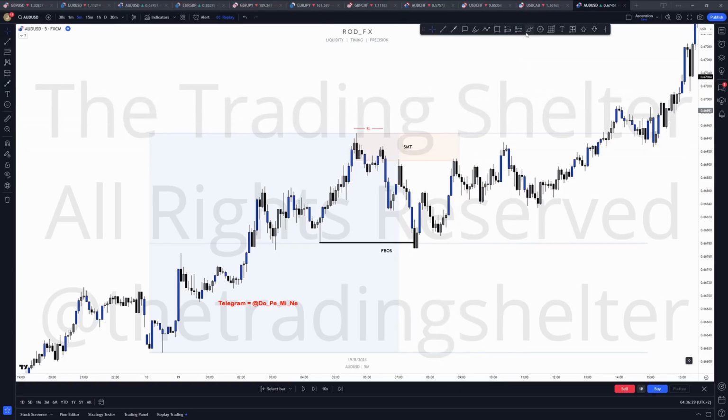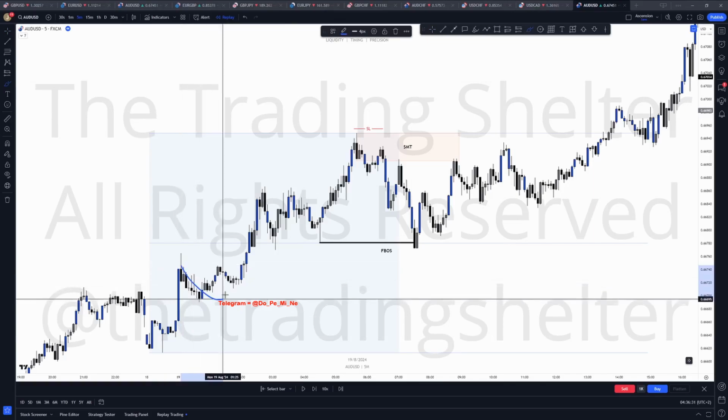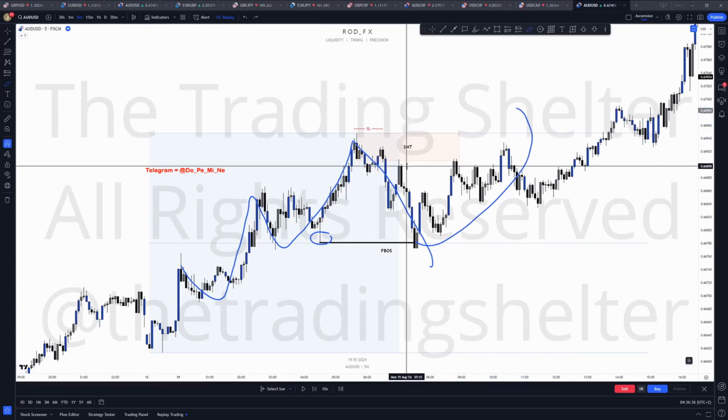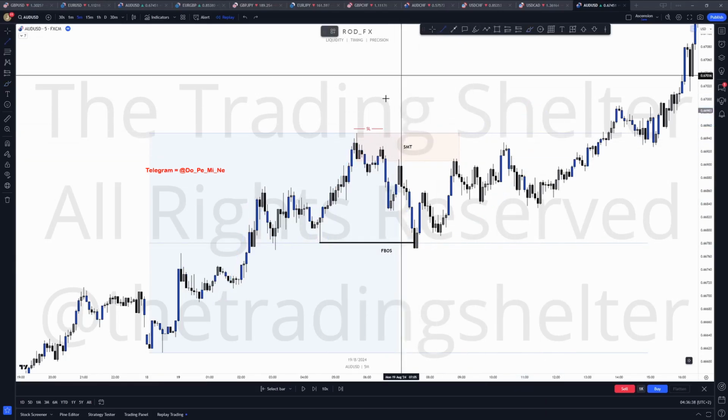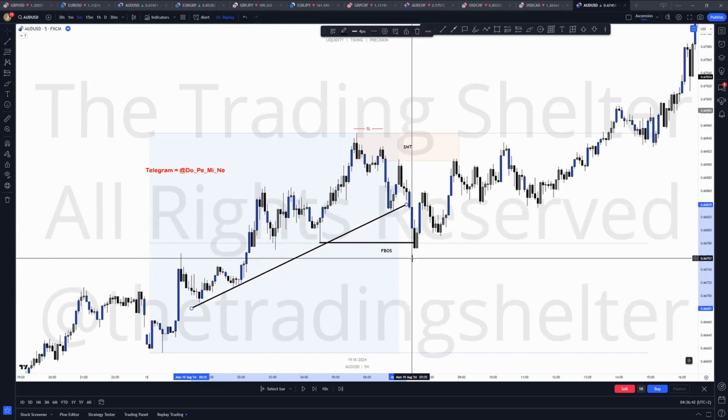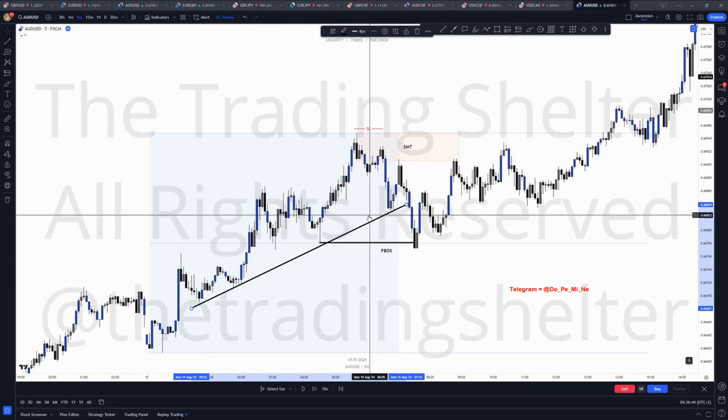For me, the way I spot those FBOS is I check the structure, I see when it's being broken, and I know that it's going upside. But there's also the trend line trick: you can use this line here, and you can see that this broke here.